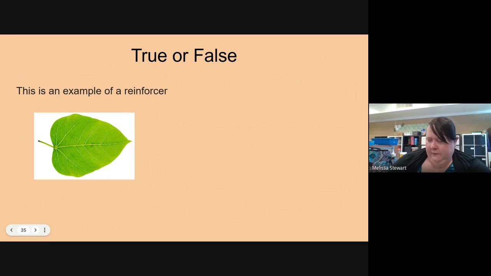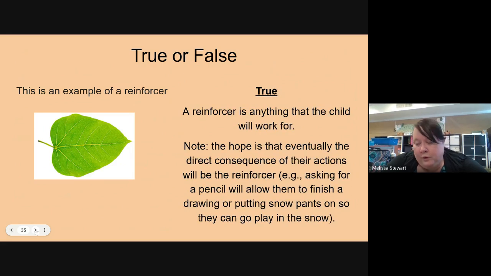True or false? And this might be a tricky one. This is an example of a reinforcer. For those of you who might be just listening, it's a picture of a leaf. The answer is true. A reinforcer is anything that will work for the child or that the child will work for.